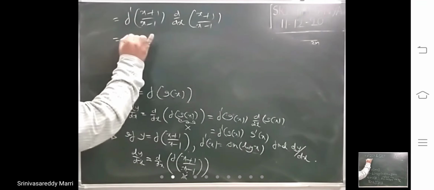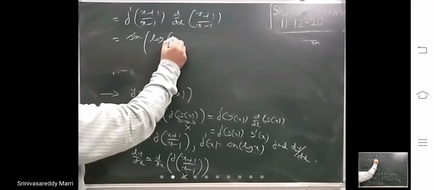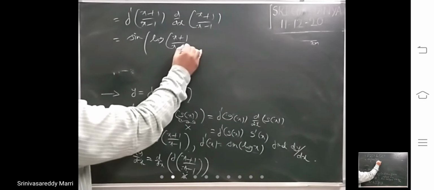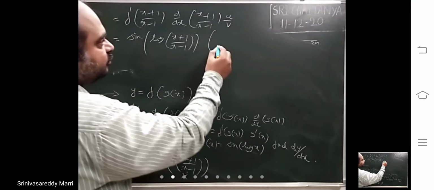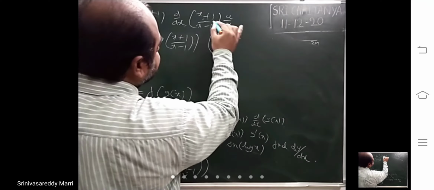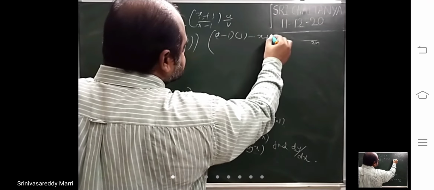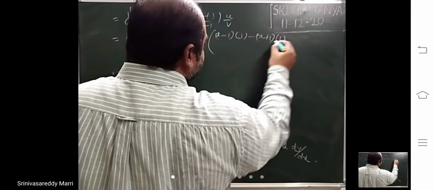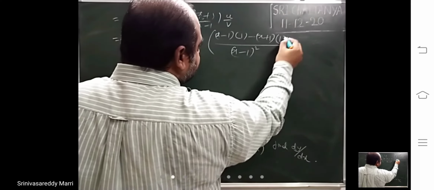That means sine of log of (x plus 1) by (x minus 1), into the derivative of this. This is u by v, which means v into derivative of u, derivative of x plus 1 is 1 plus 0, minus (x plus 1) into derivative of x minus 1, which is 1, divided by (x minus 1) whole square.